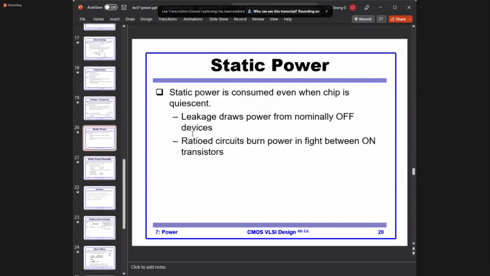Okay. Just to know what happens with the static power, it is consumed even when the chip is quiescent. In other words, when you clock it off, when you don't have any activity on the chip, it will still consume power until you turn the power off.